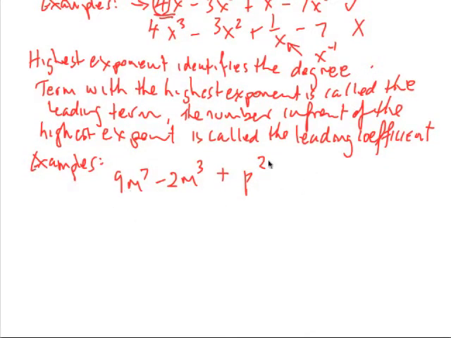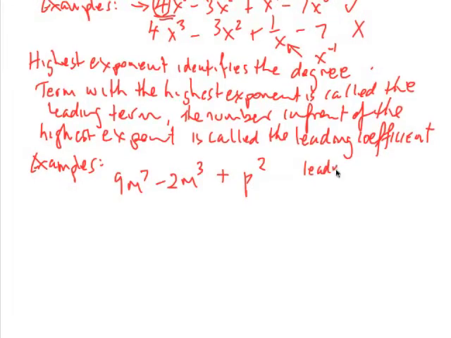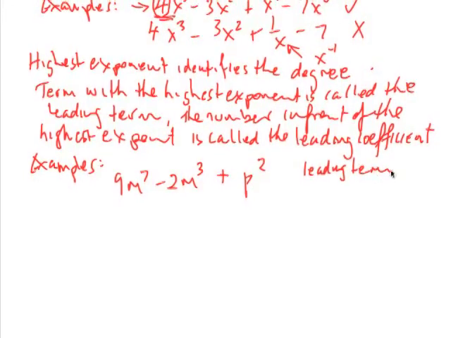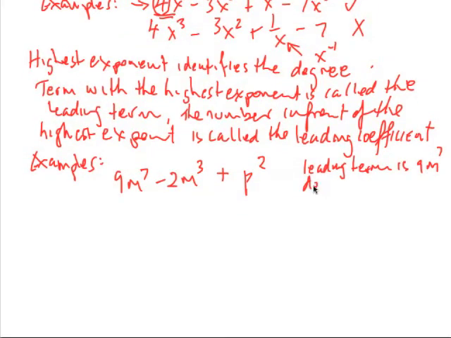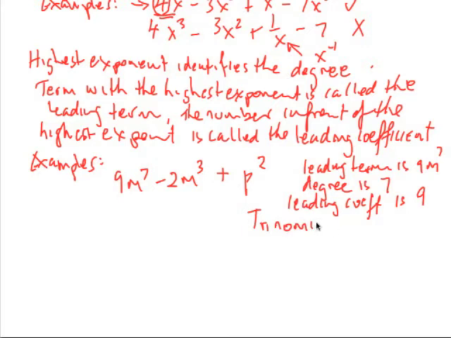The leading term is 9m to the 7. The degree, of course, is 7. And the leading coefficient is 9. And this is a trinomial because there's 3 terms.